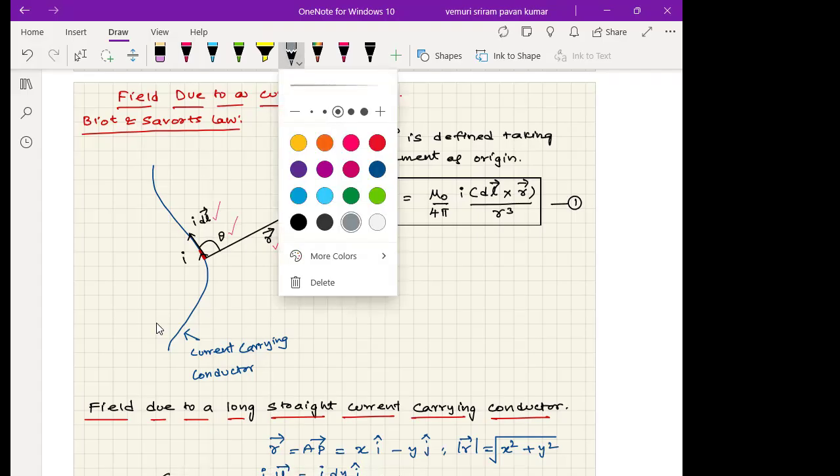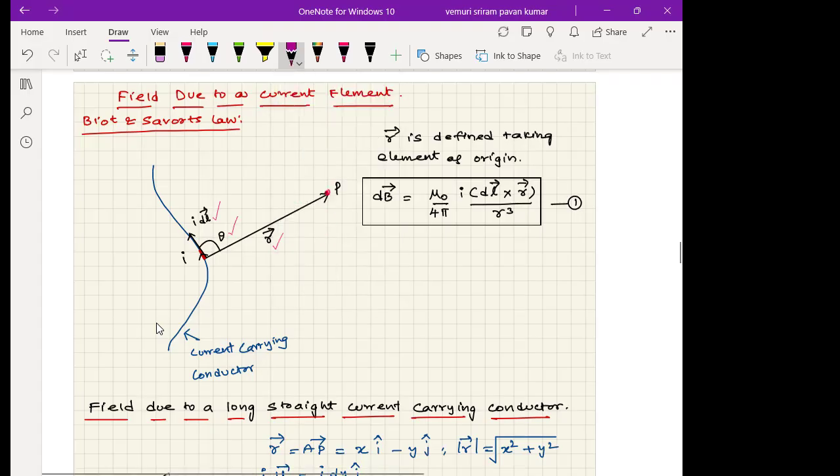I think you got my point. Yes or no? Are we clear? I repeat, it depends on three factors. One, the element. Two, the angle. Three, the position.